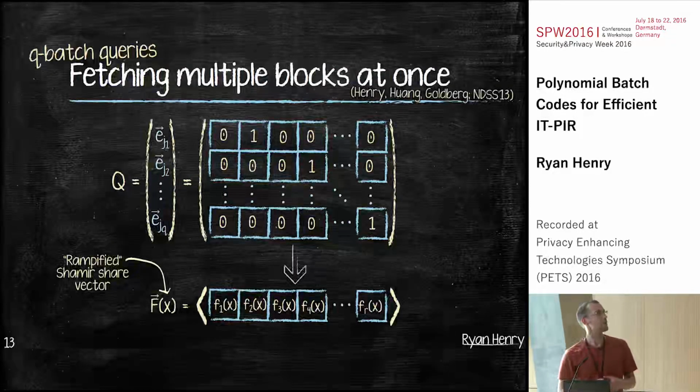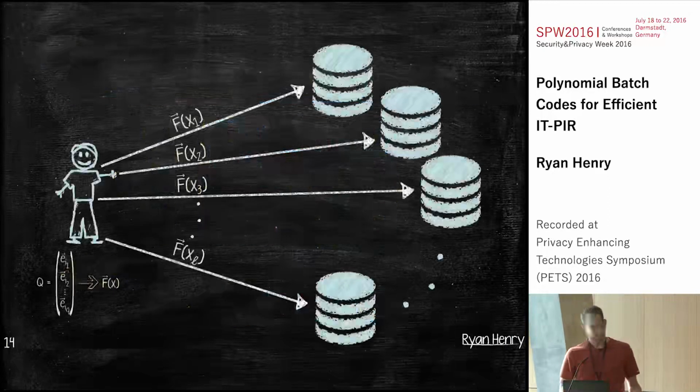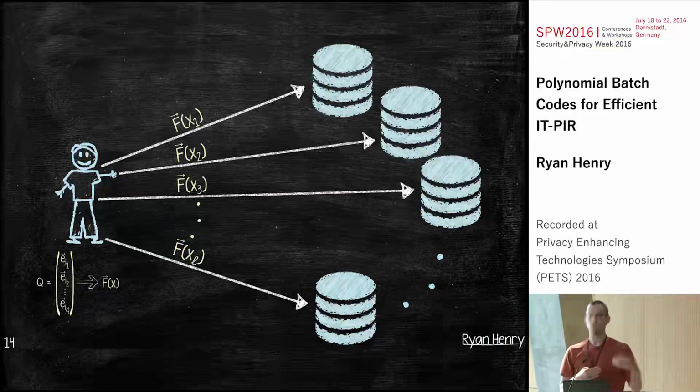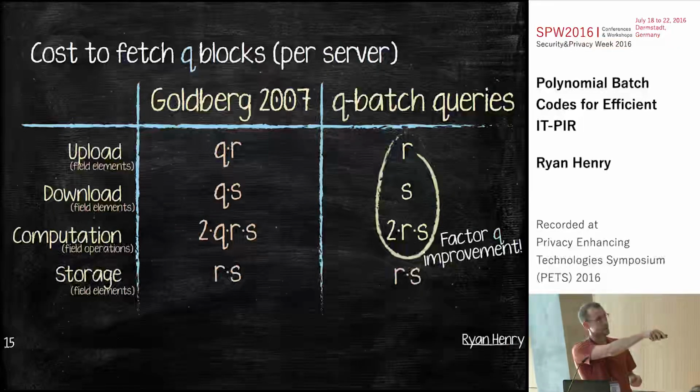This was where we first came up with the idea of using ramp schemes. We thought rather than component-wise sharing this matrix, why don't we use the ramp scheme and turn this into a single vector, and send the resulting vectors of scalars rather than matrices of scalars to the servers, and we get a nice speed up. So here we have this matrix, we turn it into a vector of polynomials rather than a matrix of polynomials.